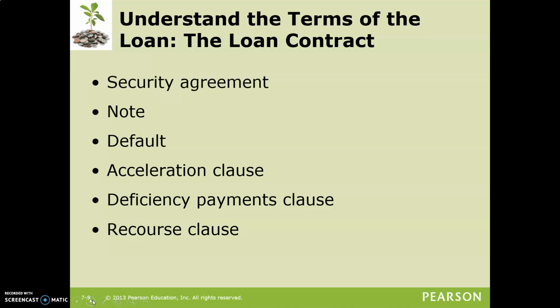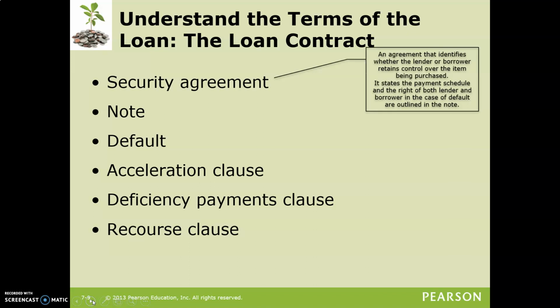So security agreement is an agreement that identifies whether the lender or borrower retains control over the item being purchased. It states the payment schedule, and the rights of both lender and borrower in the case of default are outlined in the notes.